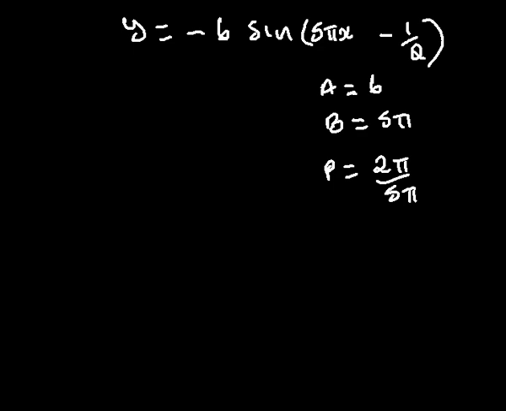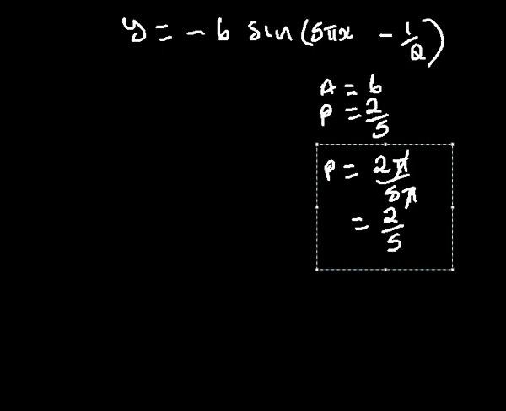In this case the pi and pi will cancel, and then the period is 2 over 5. That is the period. And now we have the amplitude as 6, and the period as 2 over 5.